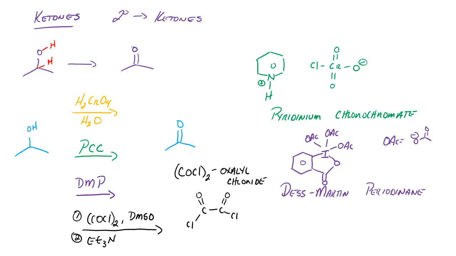DMSO, we've seen this before as a polar aprotic solvent in our SN1, SN2, E1, E2 chapter. There's DMSO, dimethyl sulfoxide, and Et3N, triethyl, so 1, 2, 3, triethylamine.